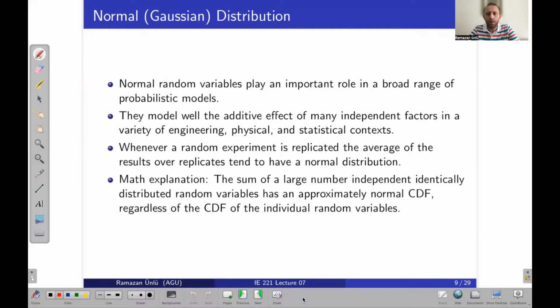Let's say we will gather some samples from Turkey. We will look at every single person and record the weight of the person. So what do you expect? Do you expect that the majority of the people will weigh more than 200 kilograms?